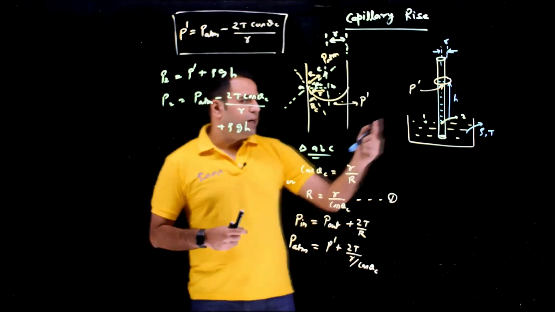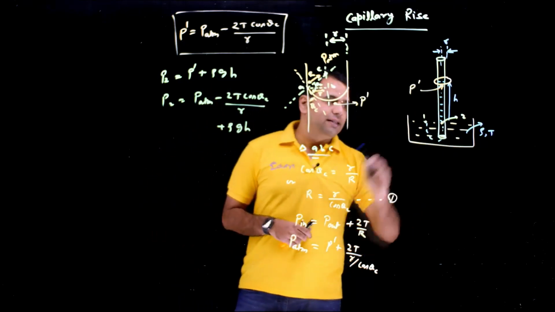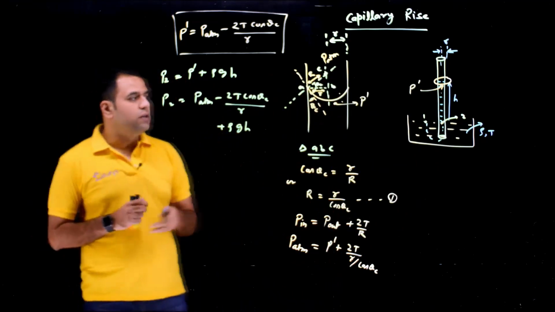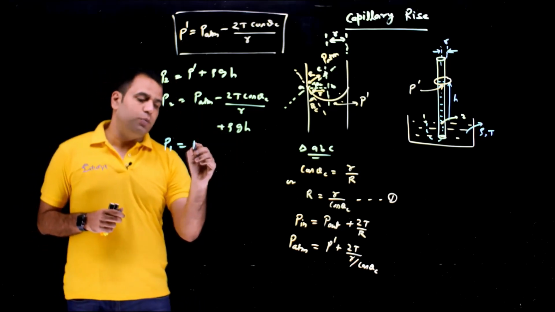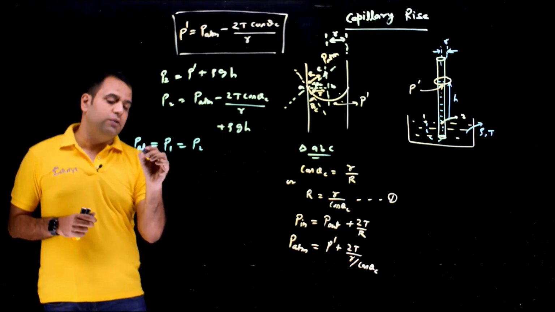Now if you see point 1 and point 2, there exists a path between them and these two points are at the same level. Since points 1 and 2 are at the same level, the pressure at 1 and 2 has to be the same. So P1 has to be P2, and P1 is open to atmosphere, so that will be equal to P atm.